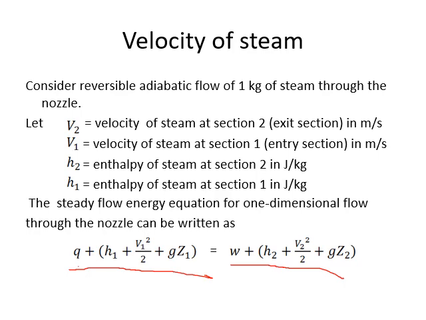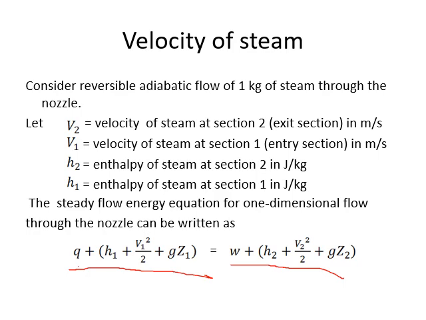Here the nozzle surface is the control surface and the nozzle volume is the control volume. Q and W are the heat and work respectively crossing the boundary of the system.